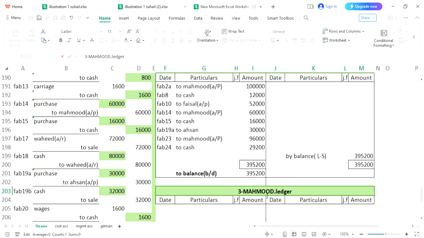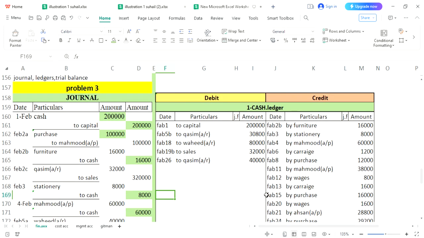Let's check it out and change the title number as well. The fourth ledger we are making, and the ledger is for Mahmood. Mahmood was account payable.